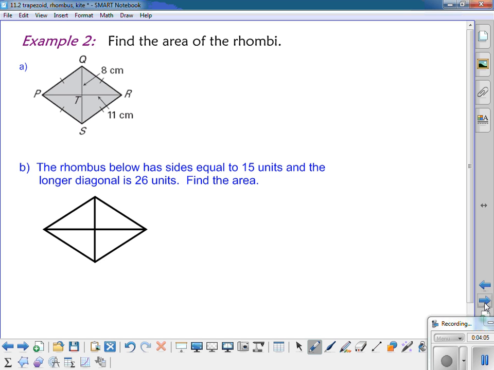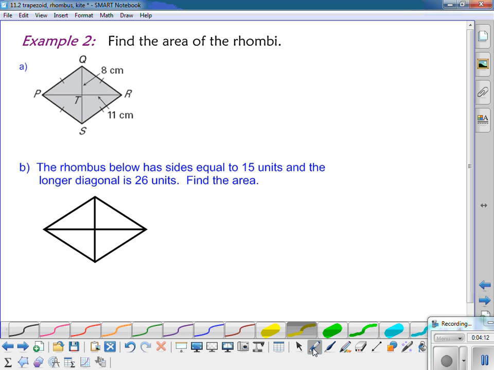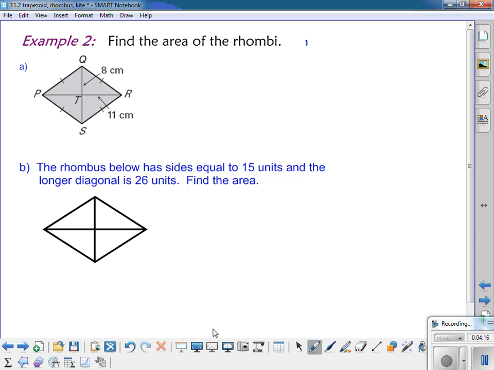All right, so now we're going to find the area of these two rhombi. So you'll recall that the area of a rhombus is 1/2 diagonal 1 times diagonal 2. So I need to figure out my diagonals. What they've done is they've given me half of the diagonal here. So diagonal 1 is actually going to be 2 times 8, or 16.